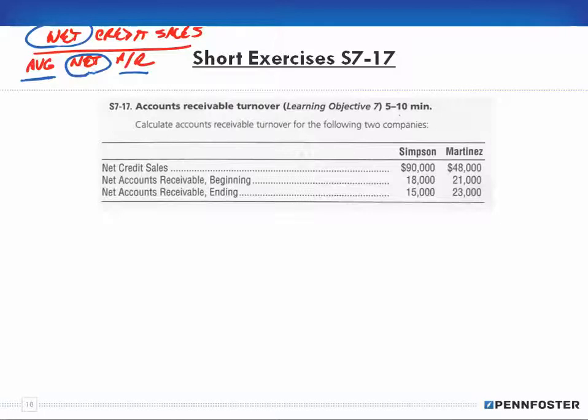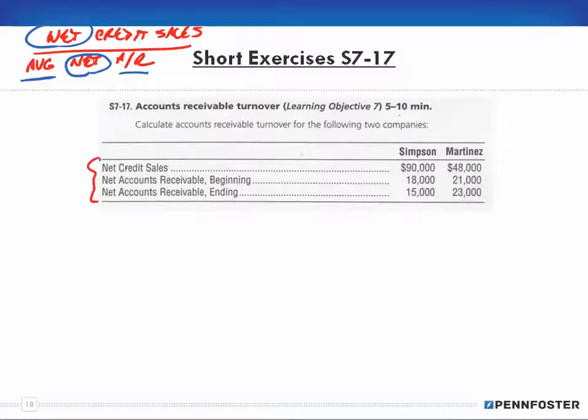I know I'm not explaining that by writing it all out on this slide. Go back to the theory videos for the focus on decision making for this chapter, and you can see all of the detail that's involved here. But for right now, all we need to know is that we have net credit sales and an average net accounts receivable.